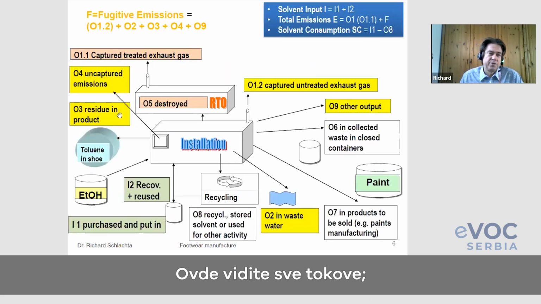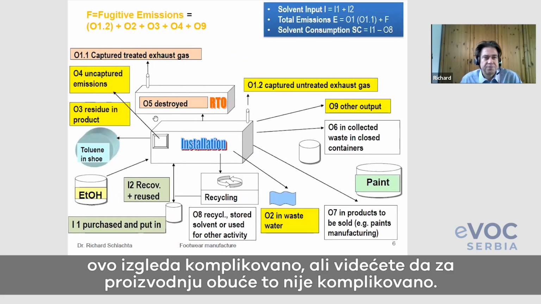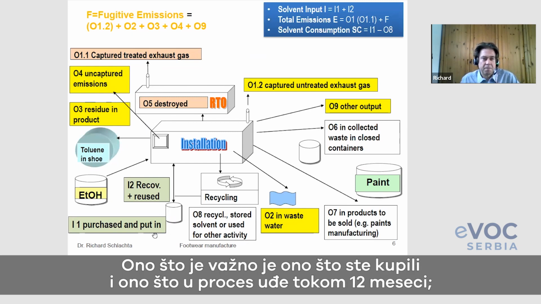So here you see all the flows. It looks rather complicated, but you will see for the shoe manufacturing, it is not complicated. Important are what you buy and what you have put in over the 12 months.